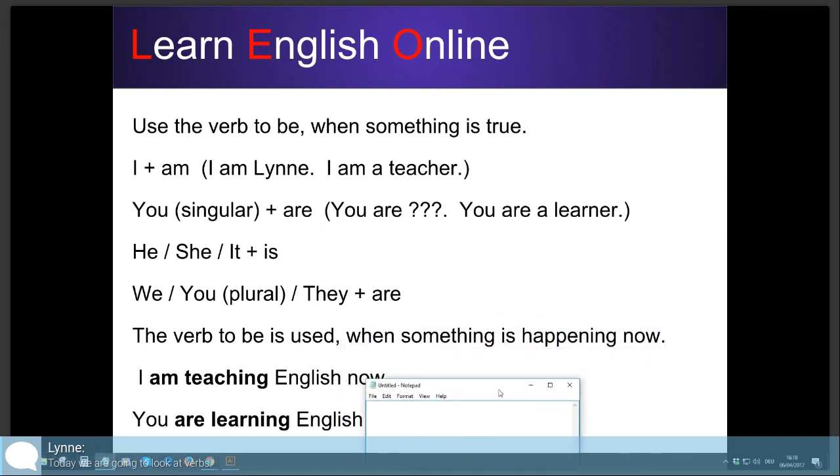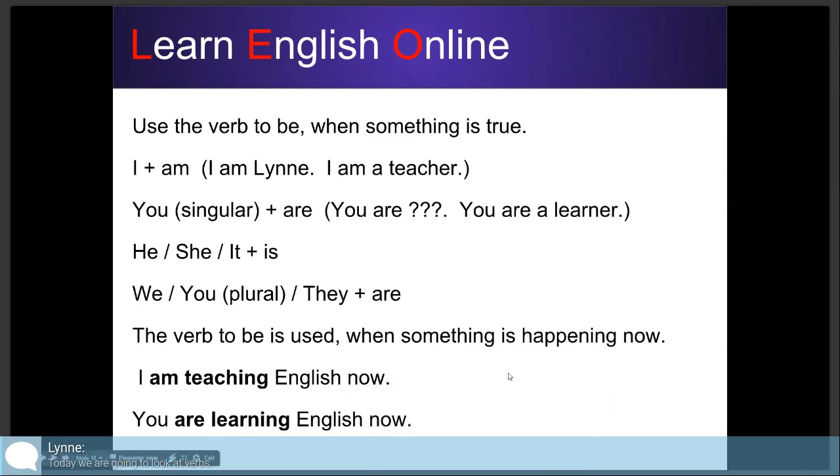You're learning English now. Don't need it. Okay, and that's where the verb to be is used with another verb. We call that an auxiliary verb. It's helping another verb to give more information. Okay, so it's to be here is an auxiliary verb.